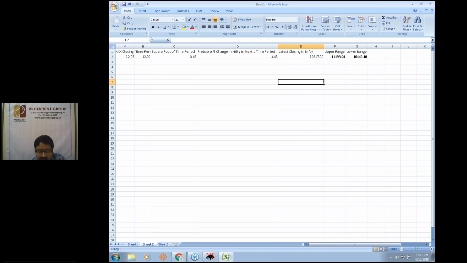Since we are allowing much more time, the range is rising like this. So this is how we can use the volatility index for our trading purpose.